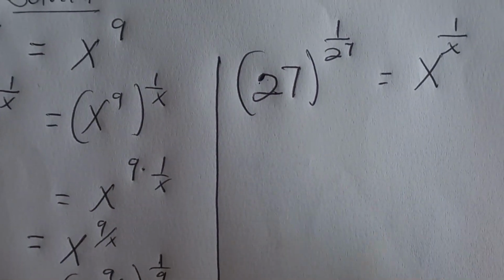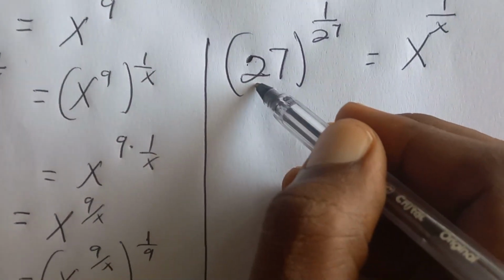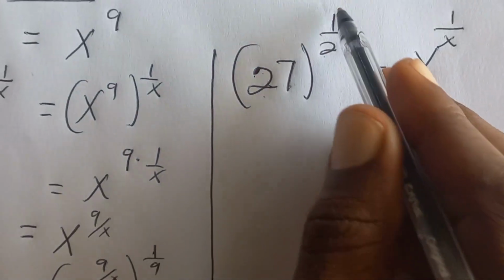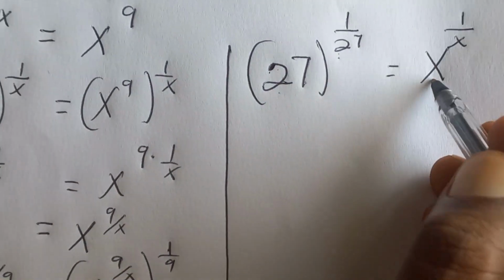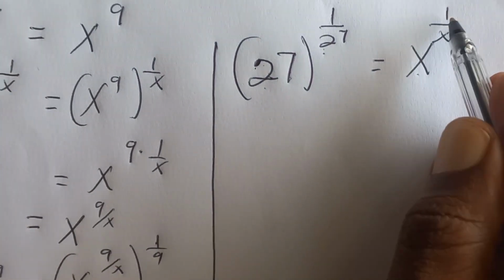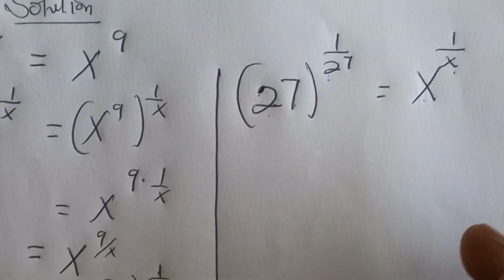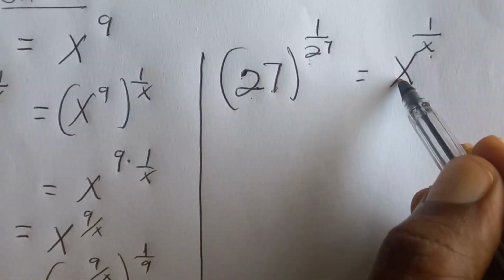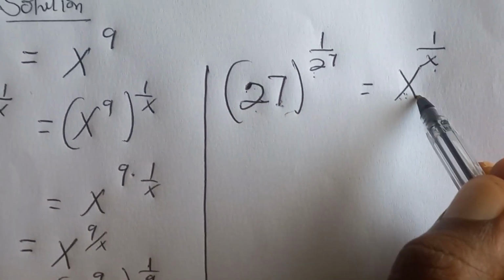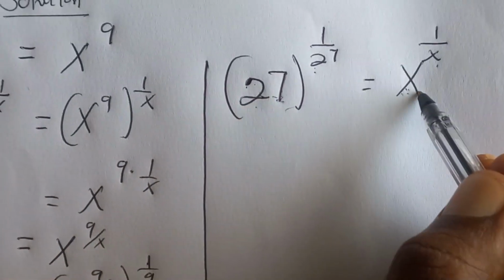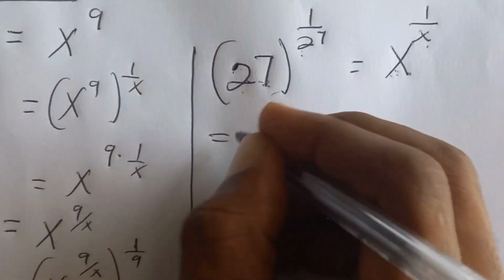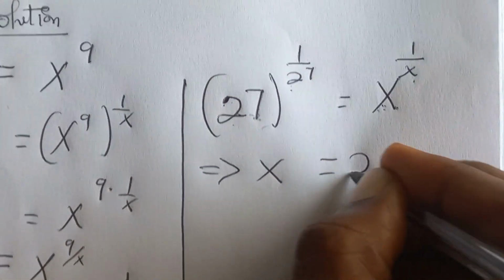Now we are having 27 exponent 1 on 27, then we are having x exponent 1 on x. So you can see that the bases are equal. This and this are equal. So you can see that x is equal to 27.